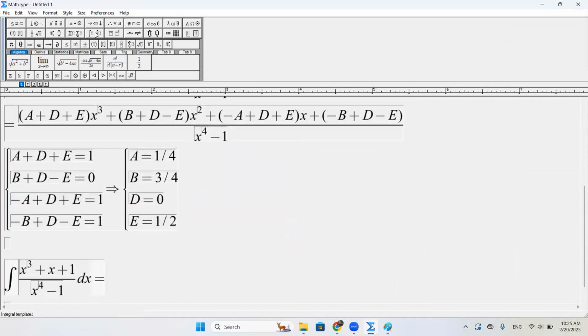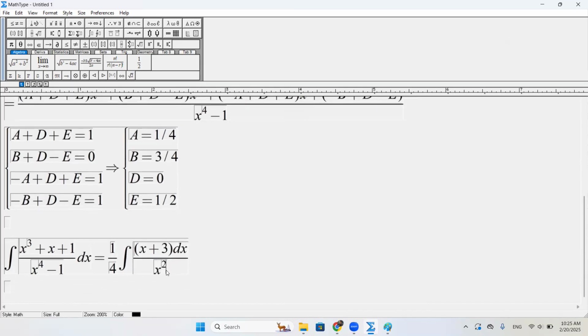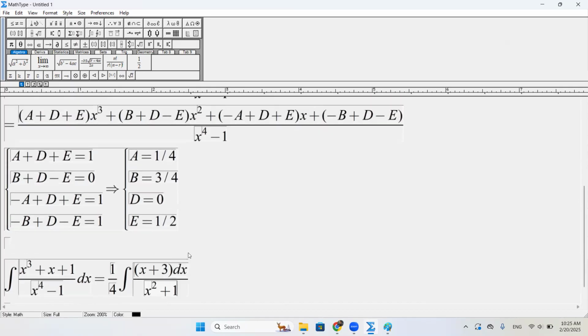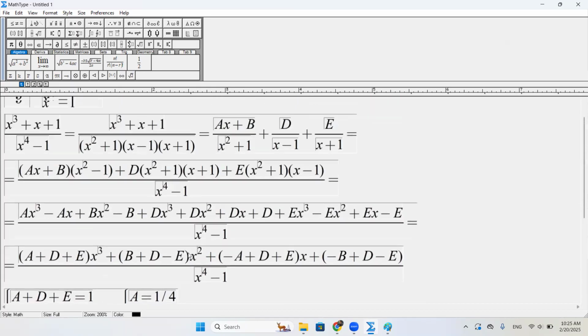So we have such sum of integrals. So D is 0, nice.